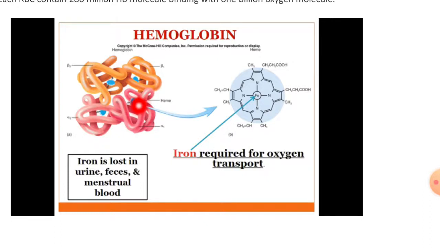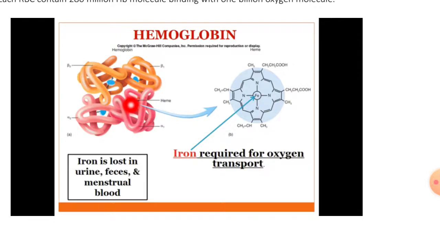it contains the iron ion, and this iron ion has the ability to bind reversibly with oxygen molecules, and this means that this iron can detach, it's detached from the oxygen when it reaches the tissue.